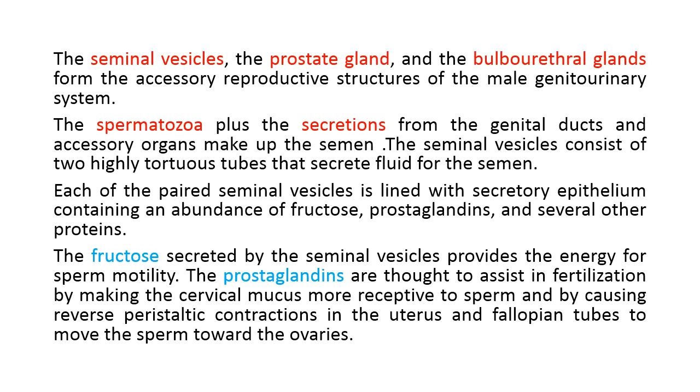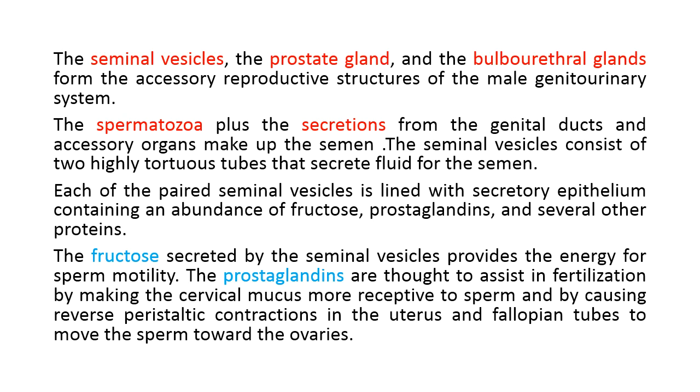The seminal vesicles, the prostate gland, and the bulbourethral glands form the accessory reproductive structures of the male genitourinary system.